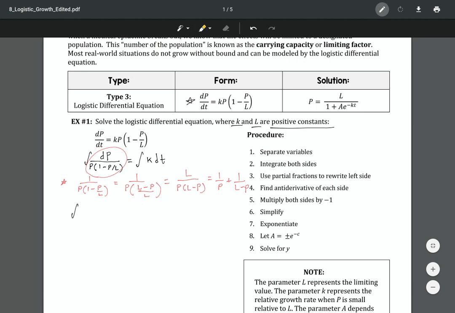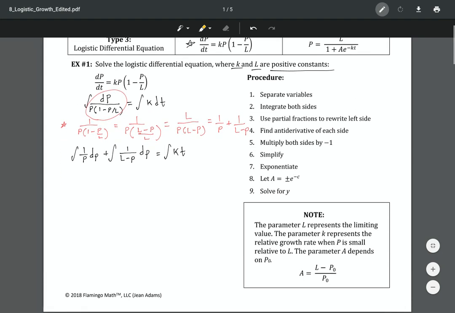One integral of 1 over P dP, so that's going to be a lot easier to integrate, plus the integral of 1 over L minus P dP. And remember that L is a constant, okay? And that's going to be equal to the integral of k dt. And again, k is also a constant.